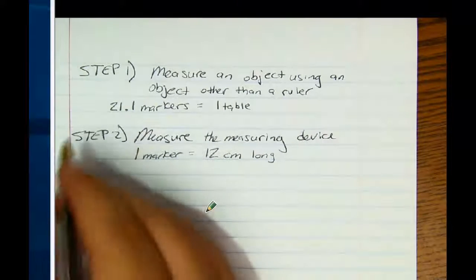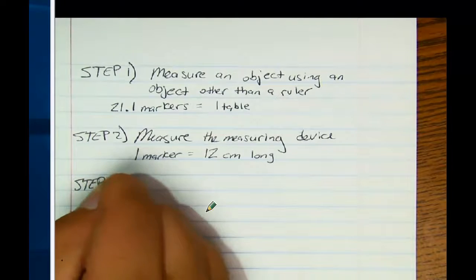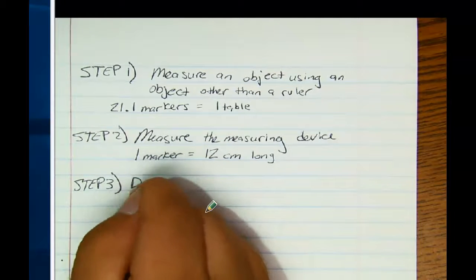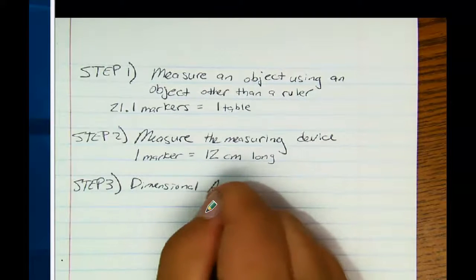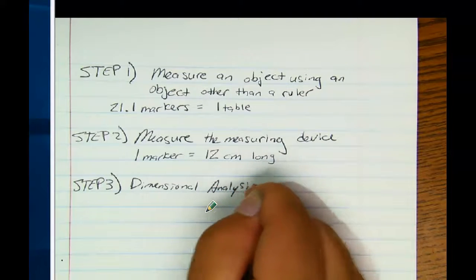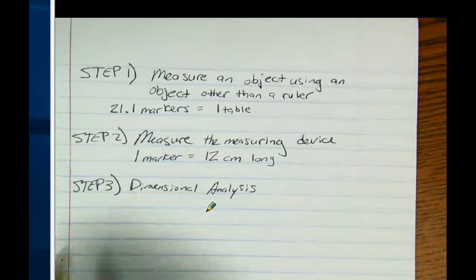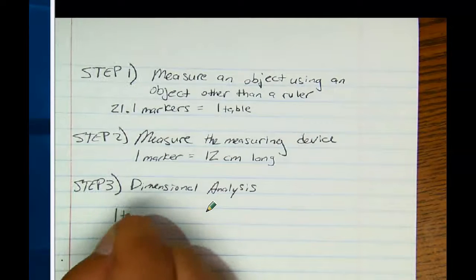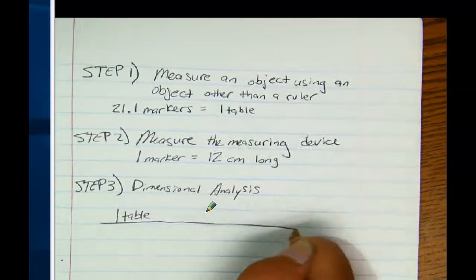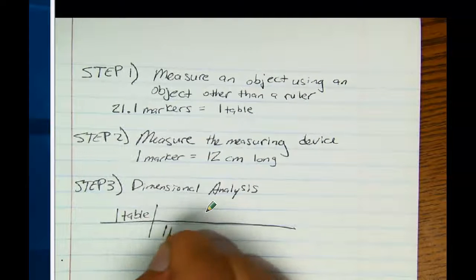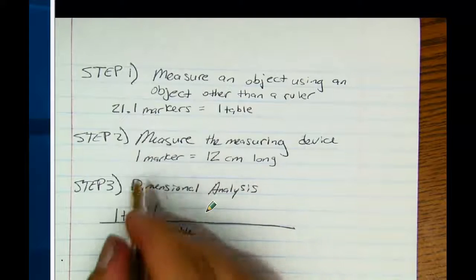Okay, step three was dimensional analysis. All right, dimensional analysis to see how well we did. Okay, now in my example, I wanted to see how long one table was. So when I'm doing it, I'm going to make my railroad tracks. So one table is a total of 21.1 markers.